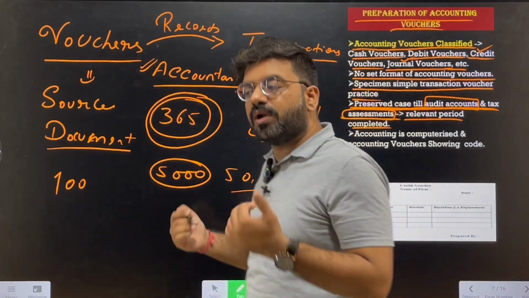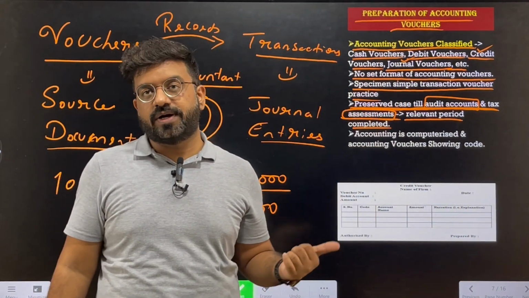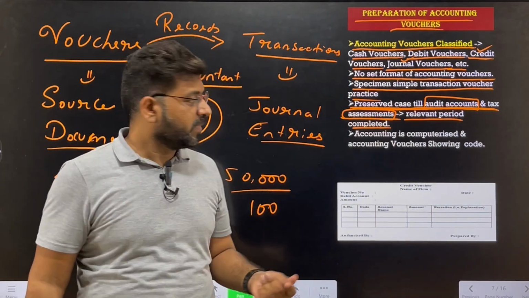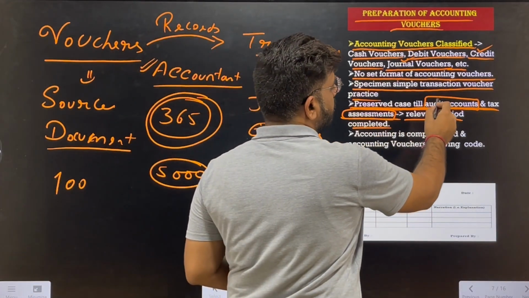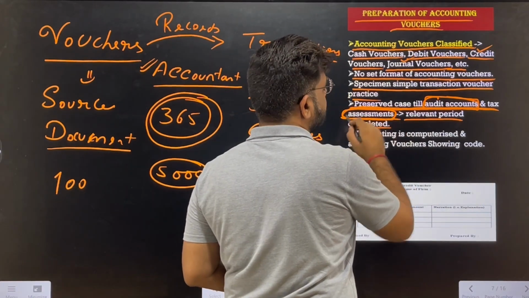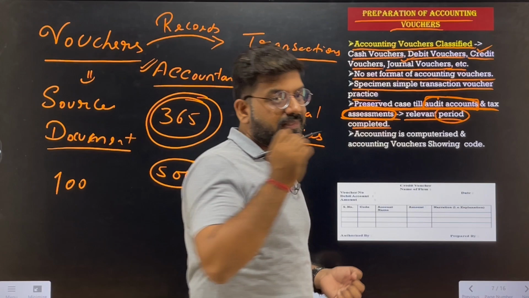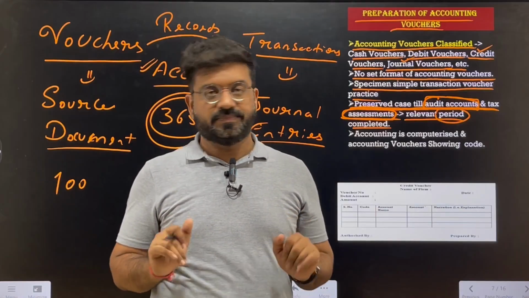So all these items are checked and verified by the chartered accountant, the auditors. Okay. So till the date the audit has not been completed, till the date the tax assessments have not been completed for that particular period, till that time the source document should be kept very safely so that each and everything can be verified easily.